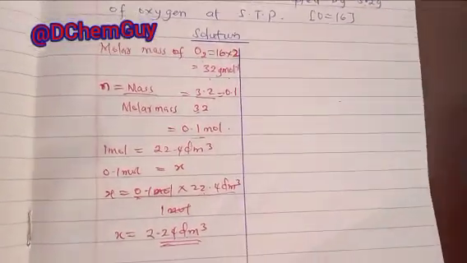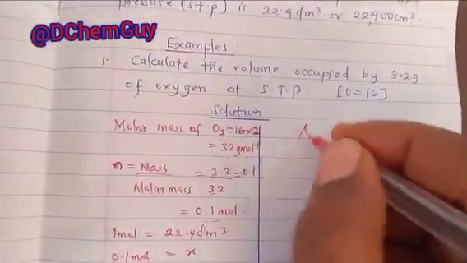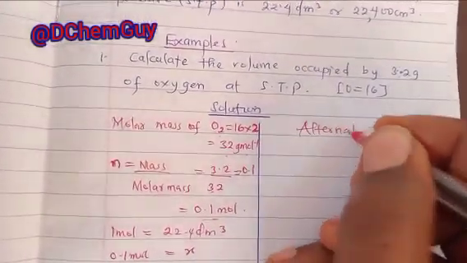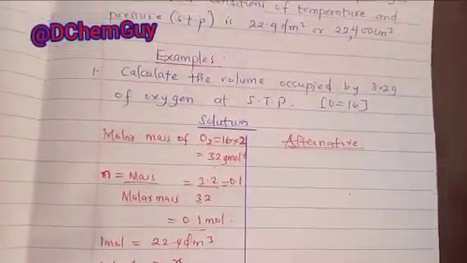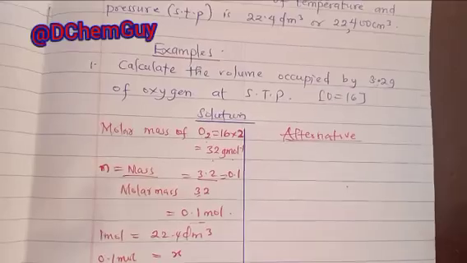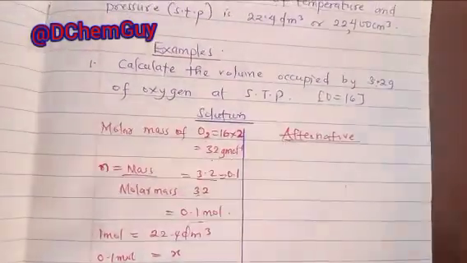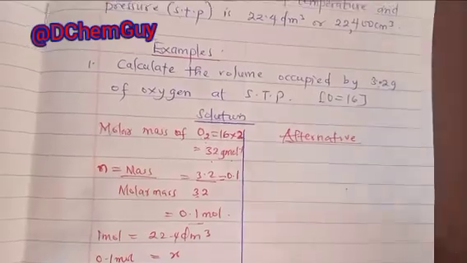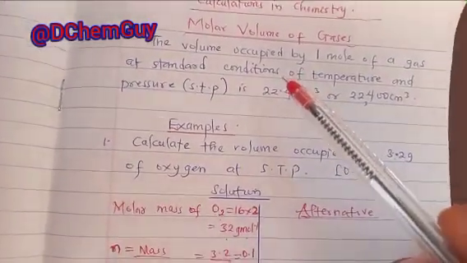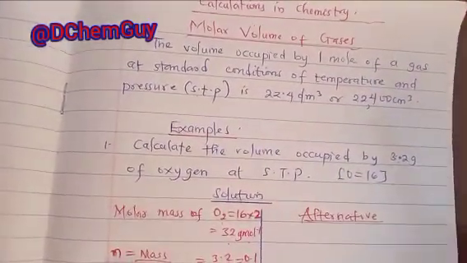Now we also have another way you can solve this problem, an alternative. In this method you don't have to look for the number of mole, because one mole of any gas at STP occupies 22.4 dm³.